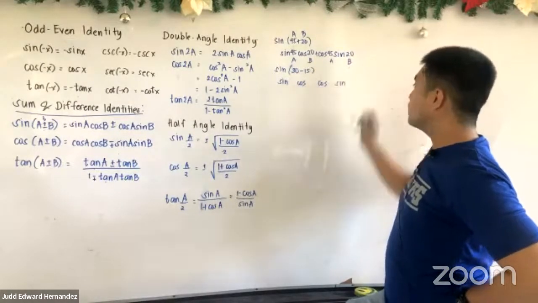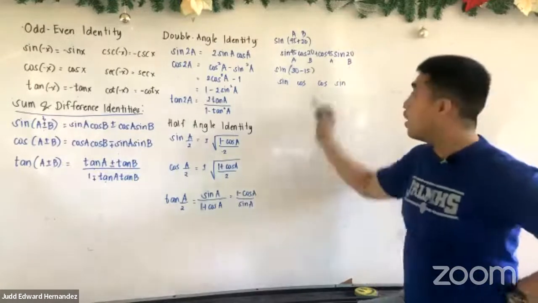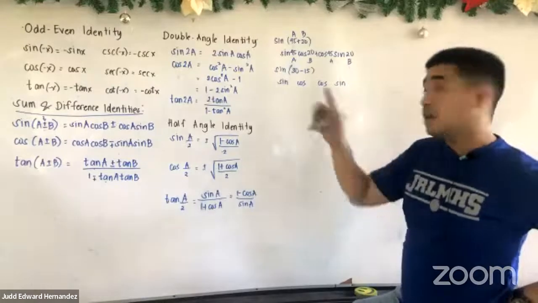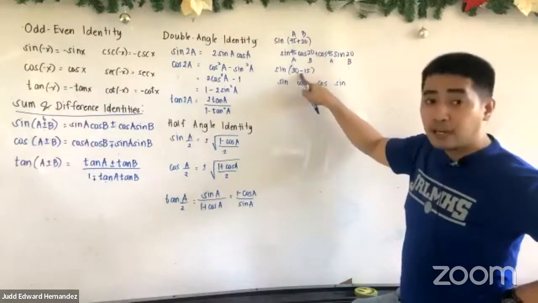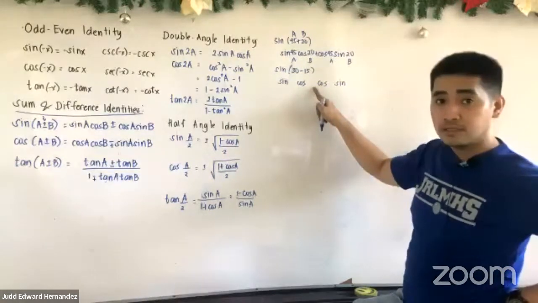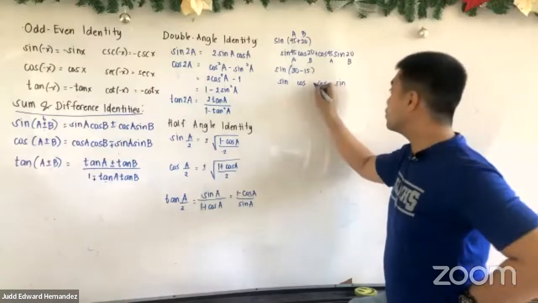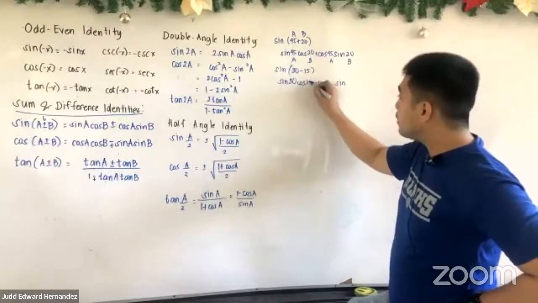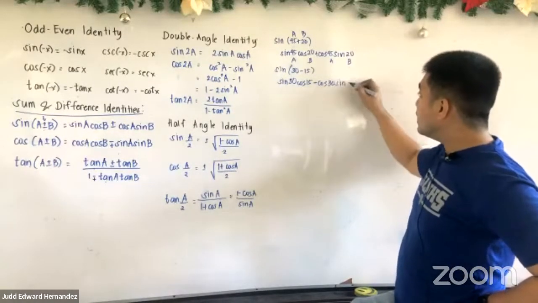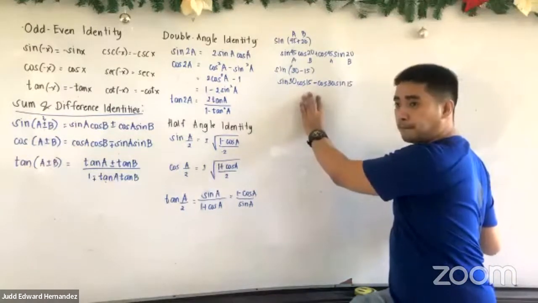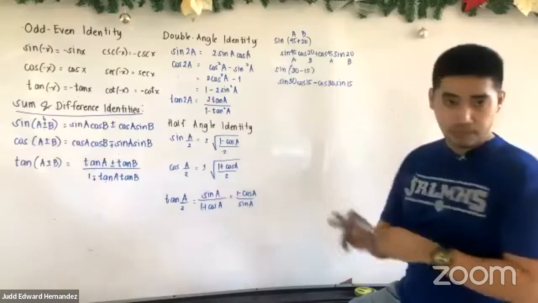But it is somehow different now. Why? Because this is negative. What happens if sine here is 30 minus 15? The sign here will become negative, minus. So this is sine 30 cosine 15 minus cosine 30 sine 15. Is this the expansion? Yes or no? Yes po, sir. Okay.